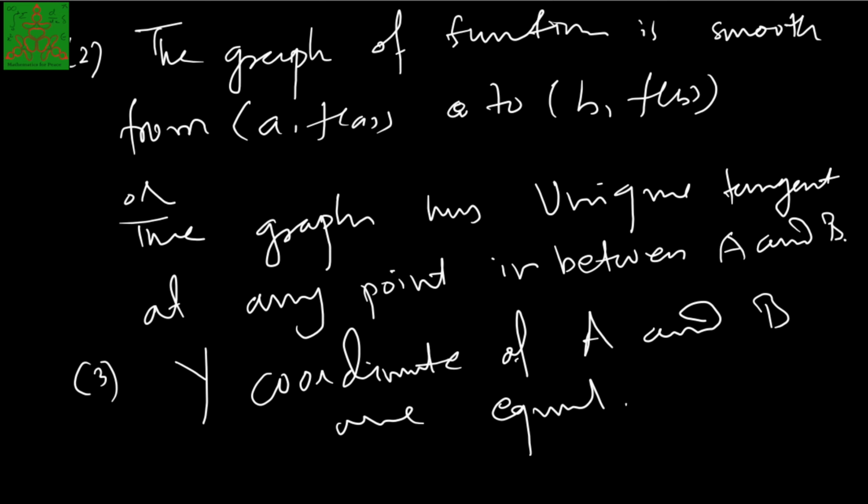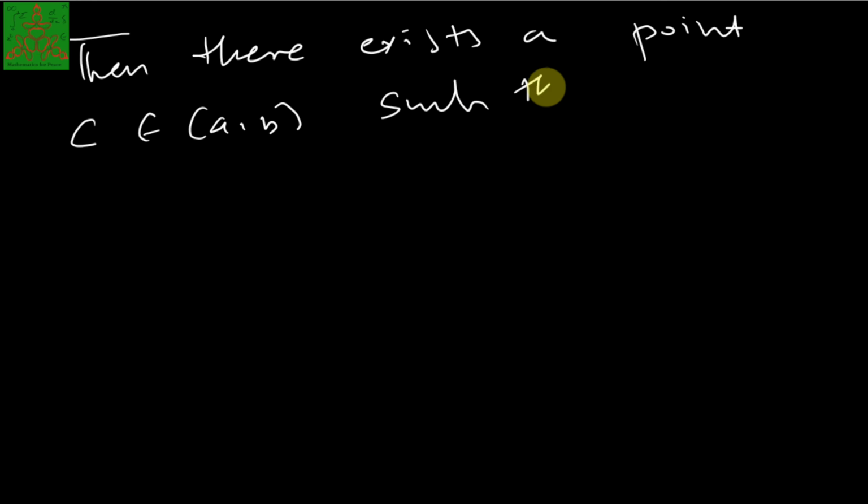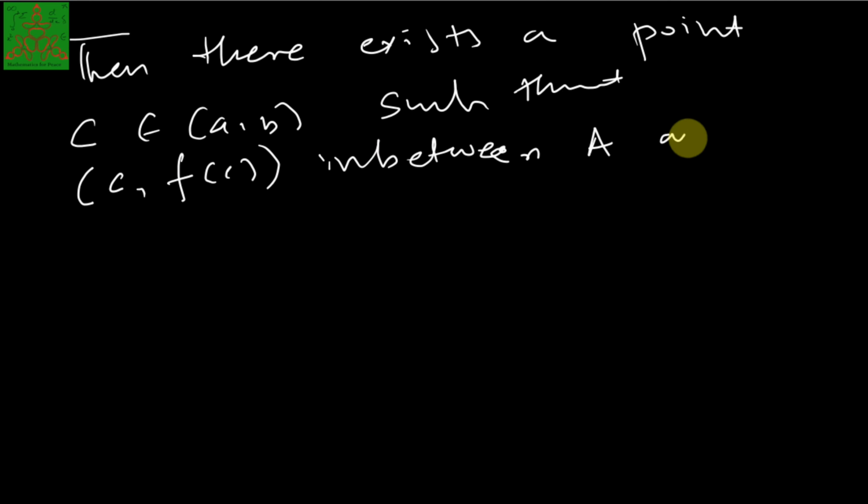Then geometrically what we can say is, there exists a point c in interval a b such that, there exists some point in interval a b, or I can say the point c comma f of c in between a and b.